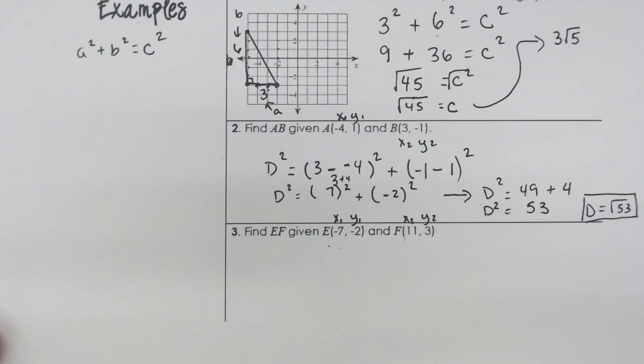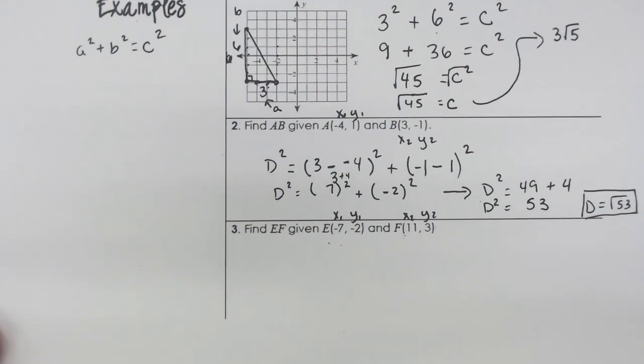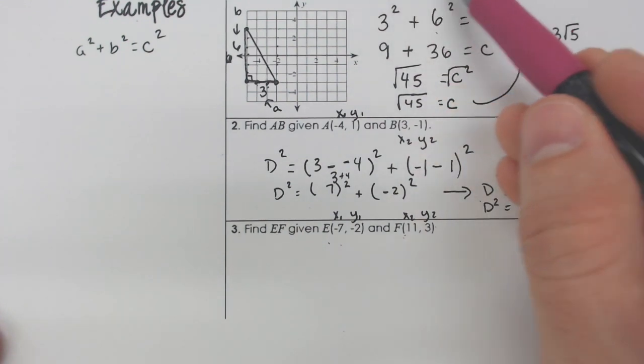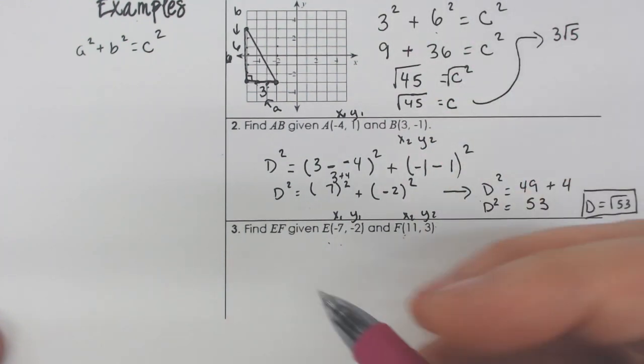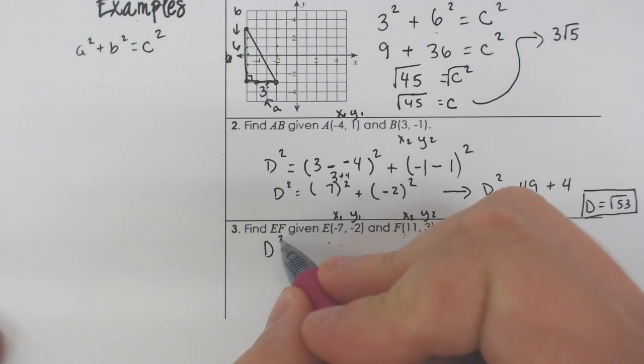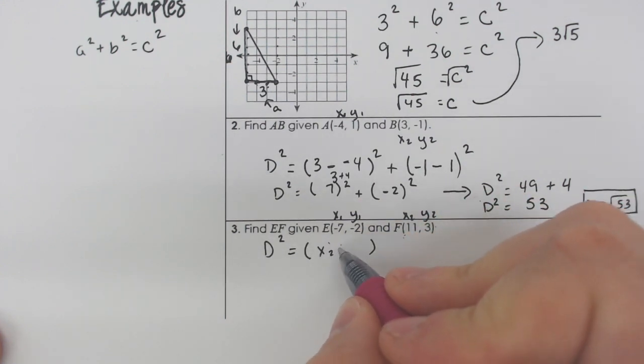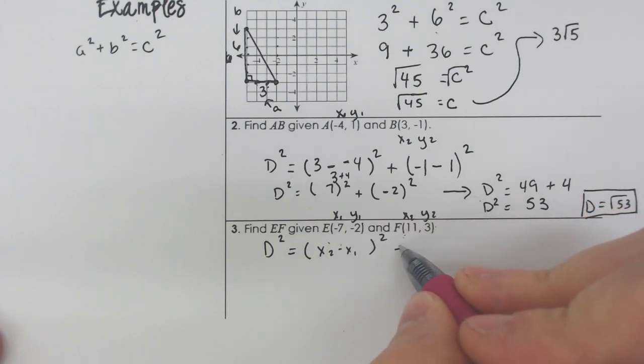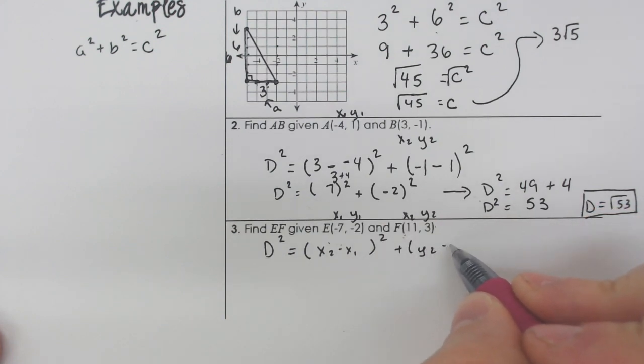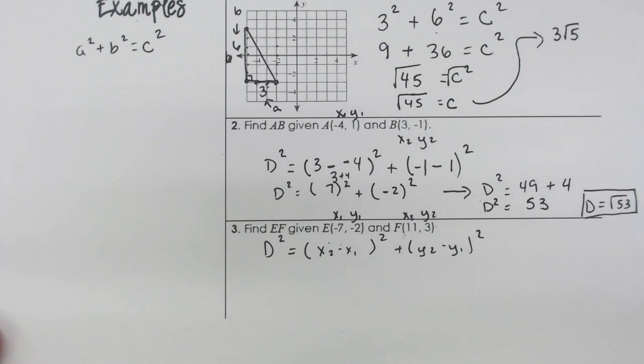From there, we are going to continue to plug it into our distance formula that we have here. So d squared will equal, I'm going to write x2 minus x1. I'm just going to rewrite the distance formula. You don't have to. I recommend it sometimes if you're not really familiar with it. So I'm going to use this and plug it into my distance formula.